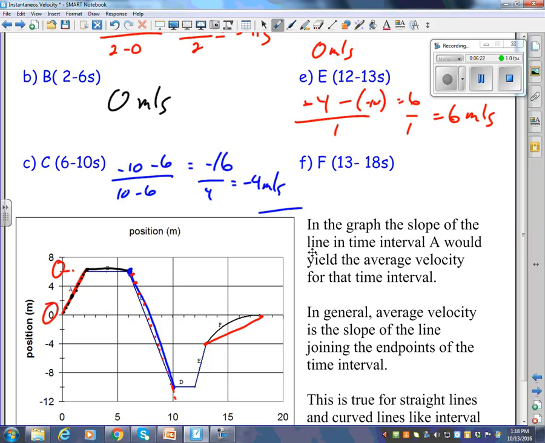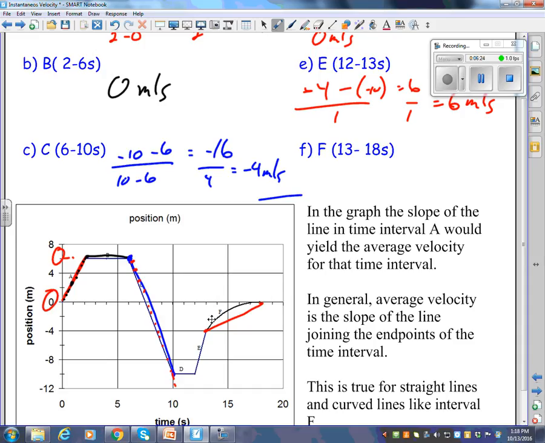So in fact, this is going to be 0 minus -4, which is 4. And the change in x is 18 minus 13, which is 5. 4 over 5. The average is 0.8 meters per second.